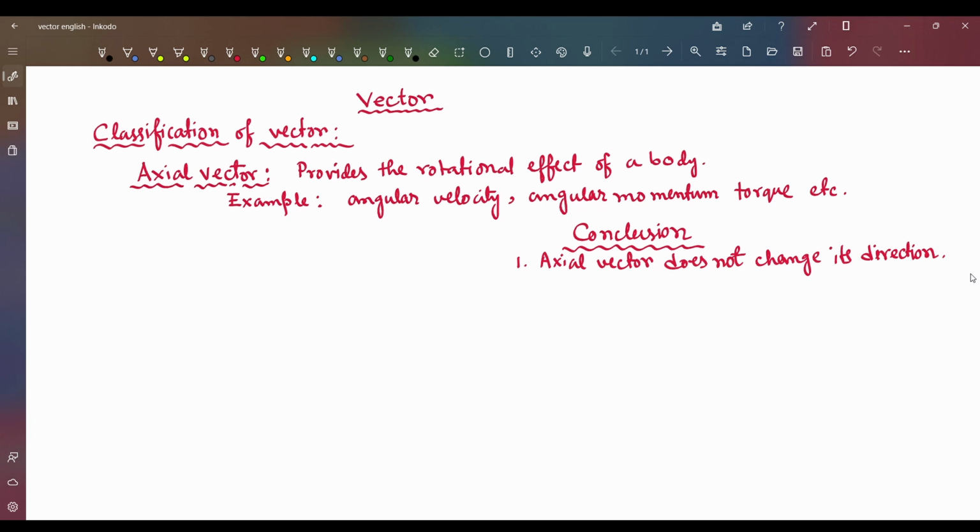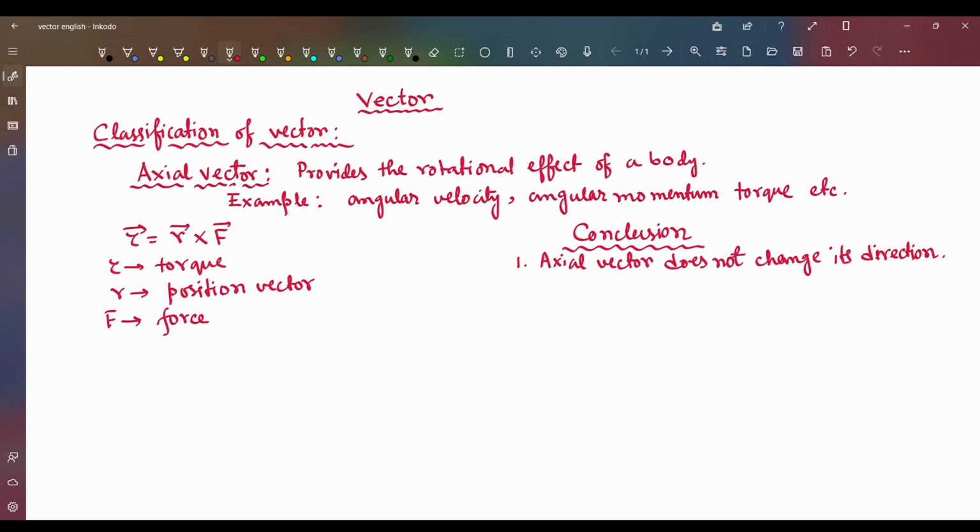Vectorically, we can write tau is equal to R cross F, where tau is the torque, R is the position vector, and F is applied force.